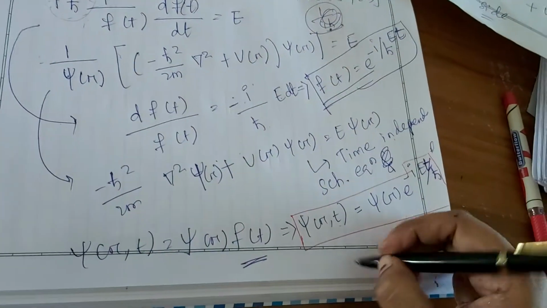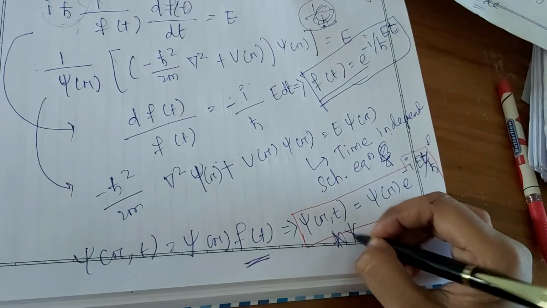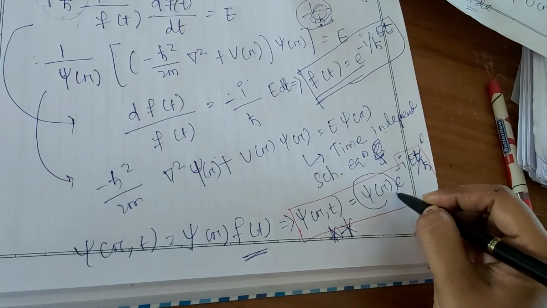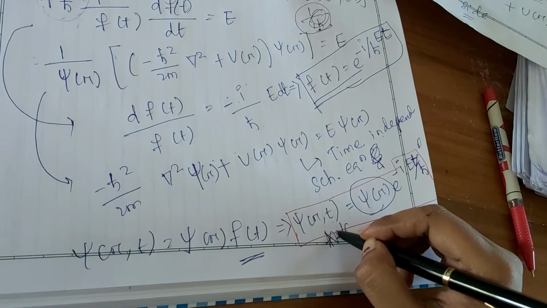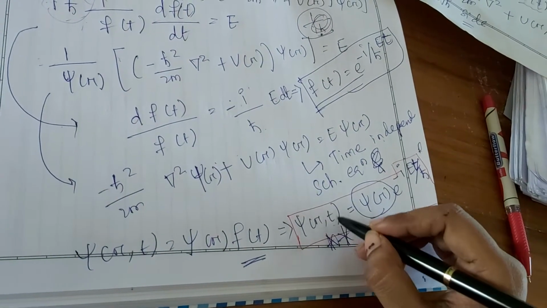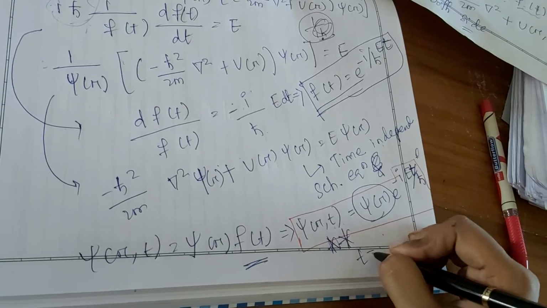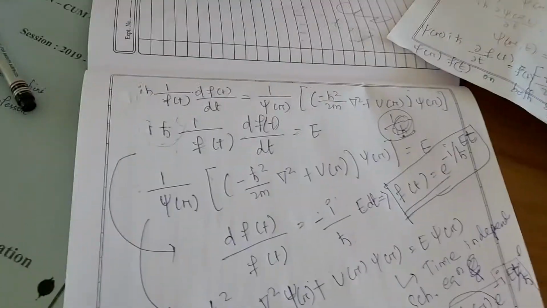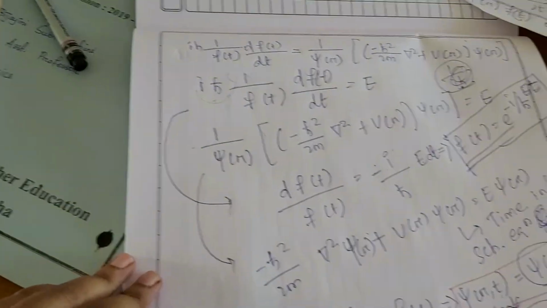So this is the important relation, and if I know the wave function at time t equal to 0, I can find out the wave function at some later time t. So this equation is applicable for this particular question.